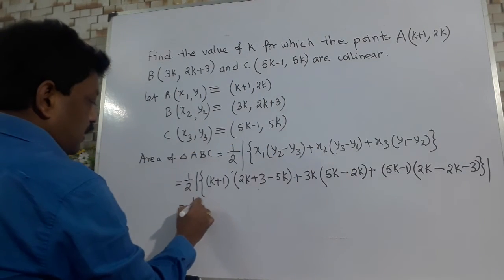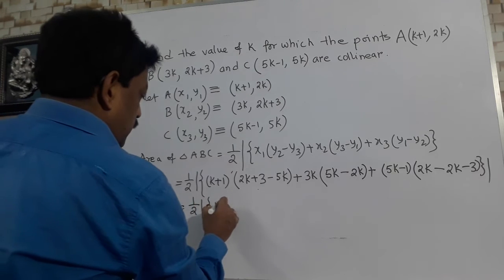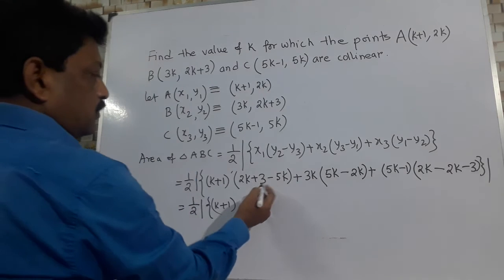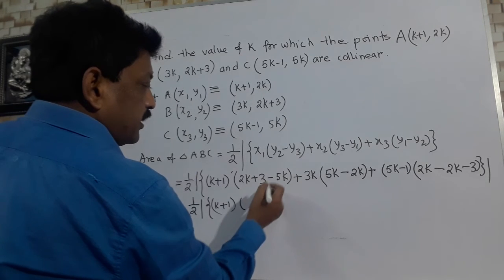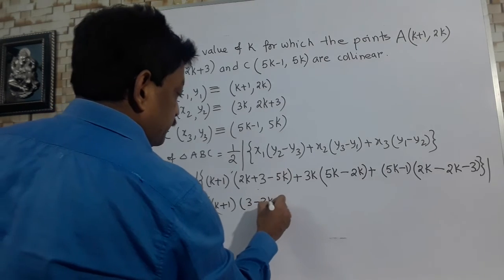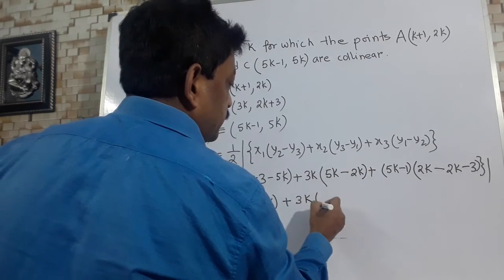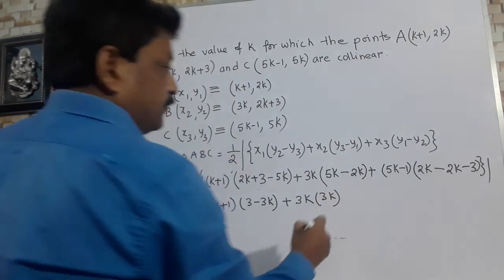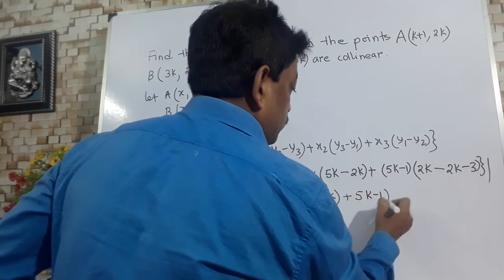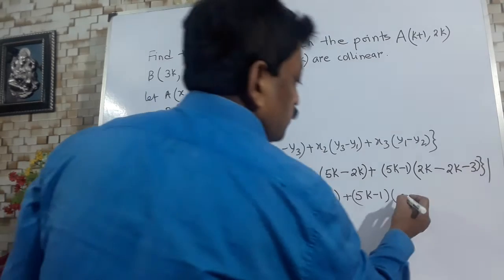Equals half, k plus 1 times, this will be 3 minus 3k, since 2k minus 5k is minus 3k, plus 3k times 3k, plus 5k minus 1 times, inside the bracket this 2k will be cancelled, so it will be minus 3.